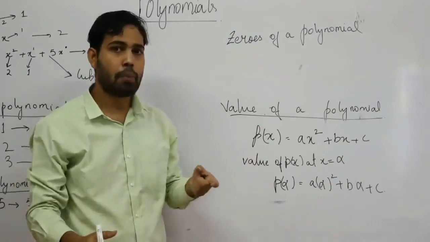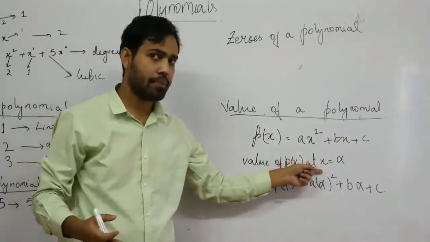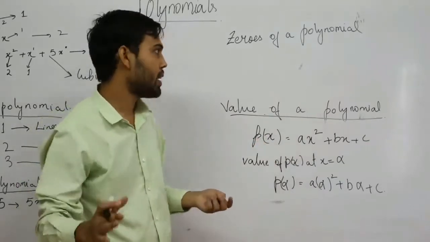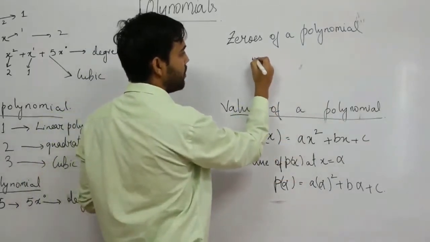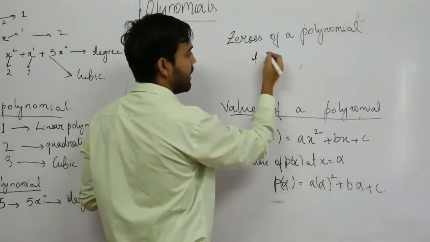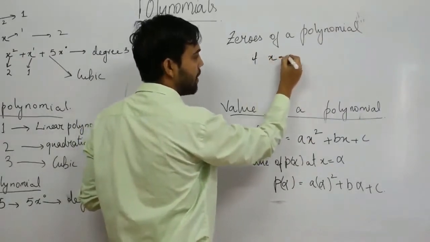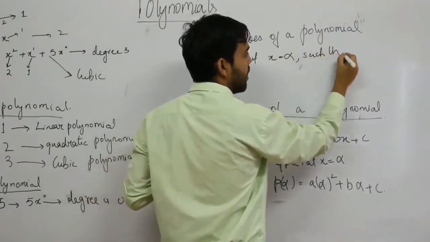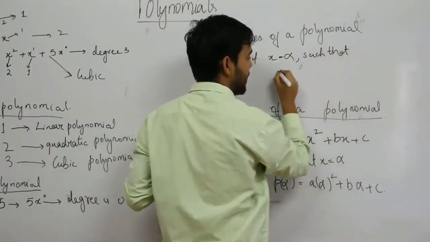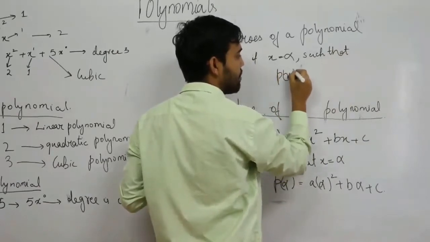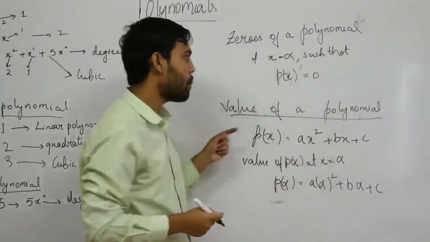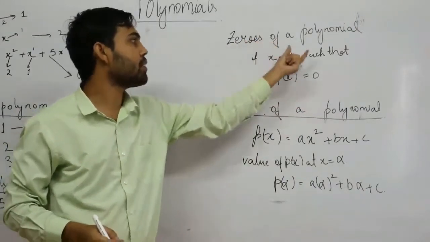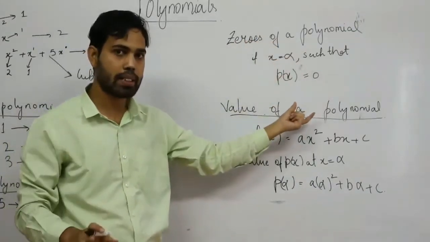Now what if I put such a value of x in here so that this polynomial will give me a zero polynomial? What I mean is, when I put x is equal to alpha such that my P of x becomes equal to 0, then this value of alpha is said to be the zero of the polynomial. Okay, so keep this in mind.